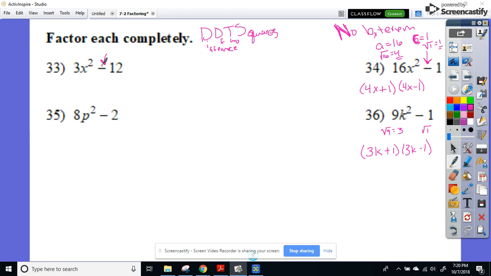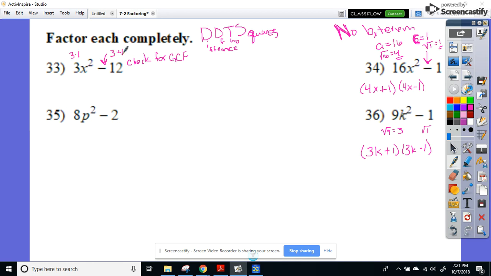I see the difference. I do not have a B term, but the problem is 3 is not a perfect square, as neither is 12. So it's not the difference of 2 squares. And since it's not, what we're going to do is check for a GCF. The GCF of this one, that's 3 times 1.